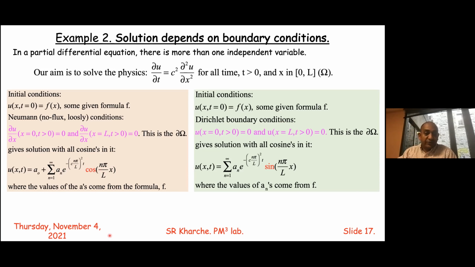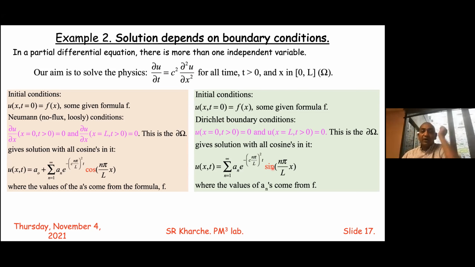There are no sine functions involved in this solution here, regardless of what f you take, what initial conditions you take. In contrast, if you apply Dirichlet boundary conditions, then because of the combination of the physics and of the boundary conditions, you end up with infinitely many sine functions devoid of any cosine contributions, okay?